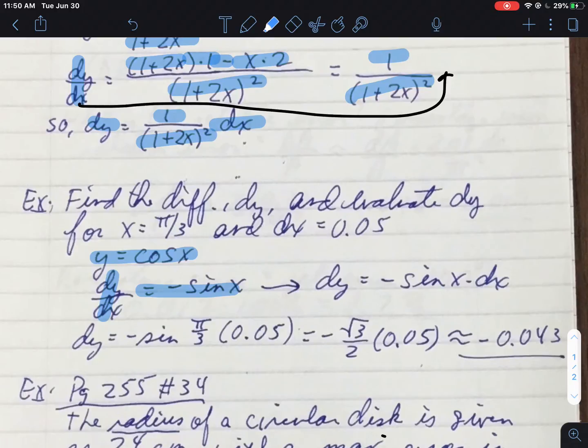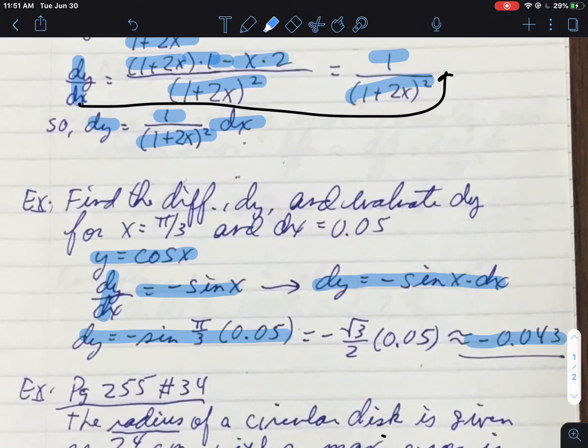So then dy would be negative sine x times dx. That's our differential. And then we can approximate dy by plugging in the given values for x and dx. Right? So with x equal to pi over 3, dx equal to 0.05, I get dy approximately equal to negative 0.043.